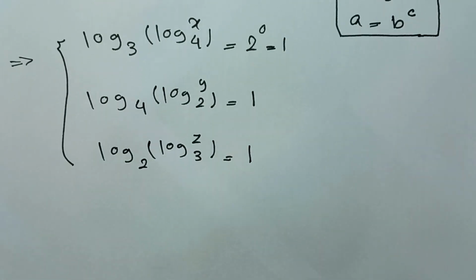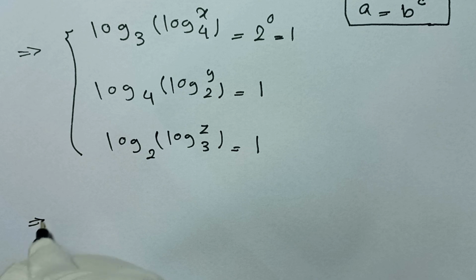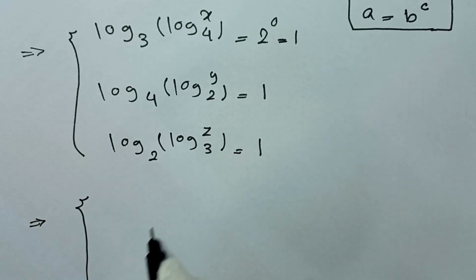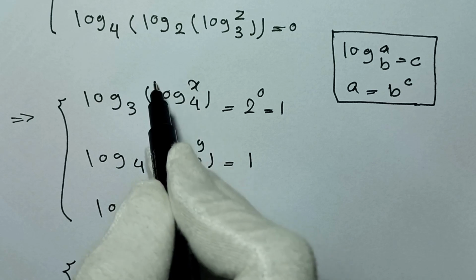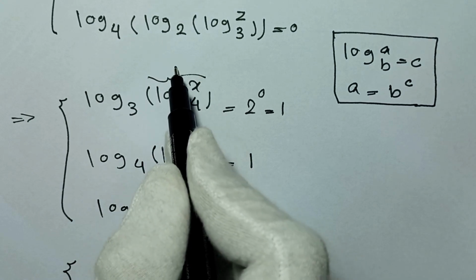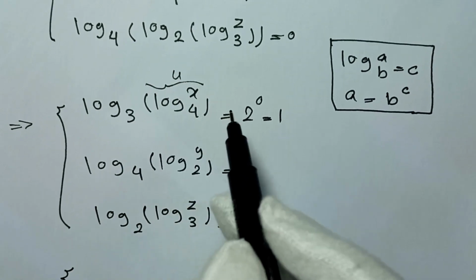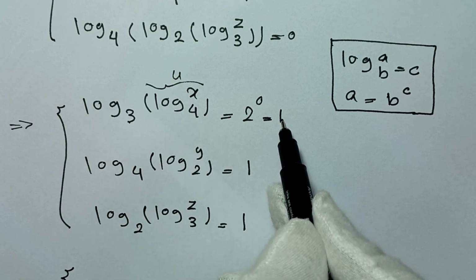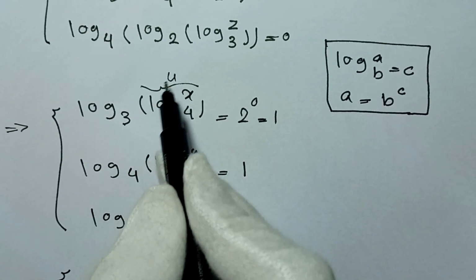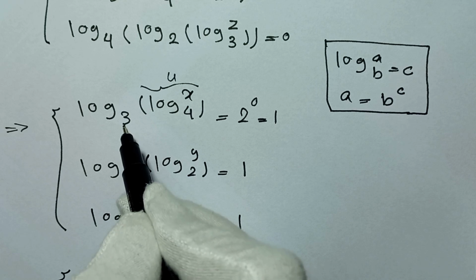In the next step, if we let this be u, then log of u to base 3 is equal to 1, and from this formula u is equal to 3 to the power of 1.